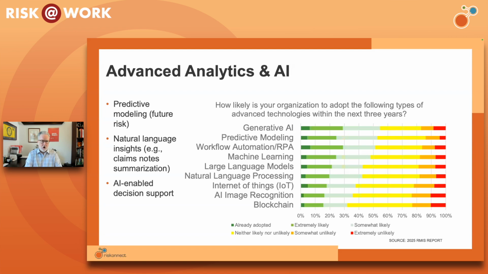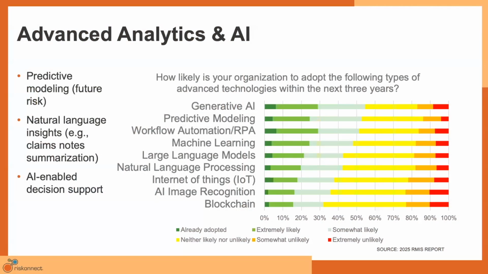But you can see from the chart, and the way you read this chart, you read it left to right. So the dark green, that first color, is people that have reported that they've already adopted these capabilities, whether it's Gen AI or predictive modeling, workflow automation. And if you go across to that light greenish blue before the yellow starts, it shows where people feel like they're going to be in the next 3 years.